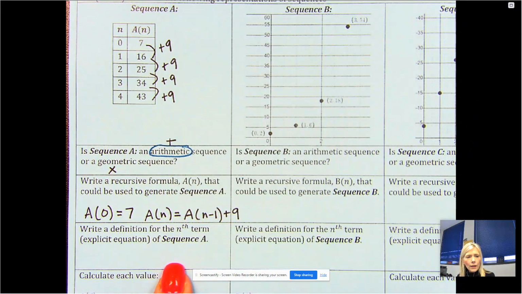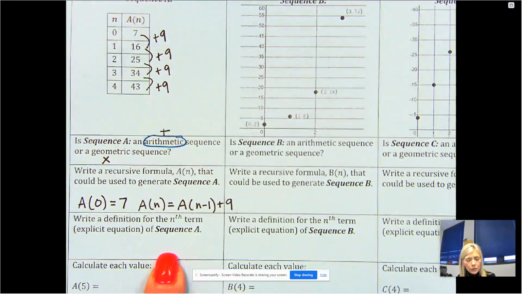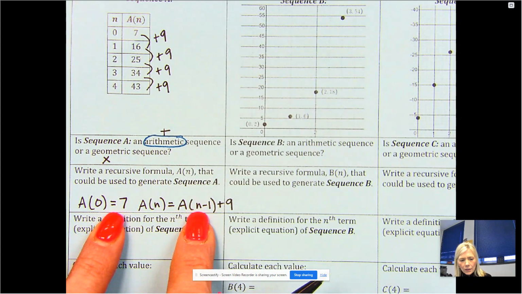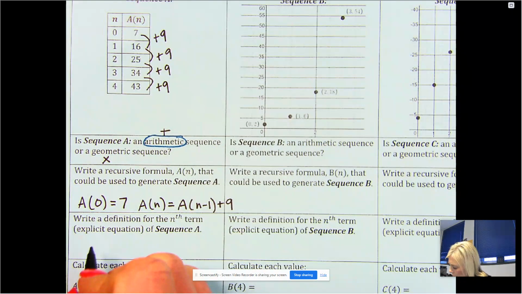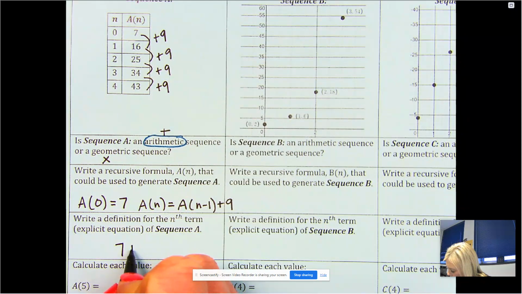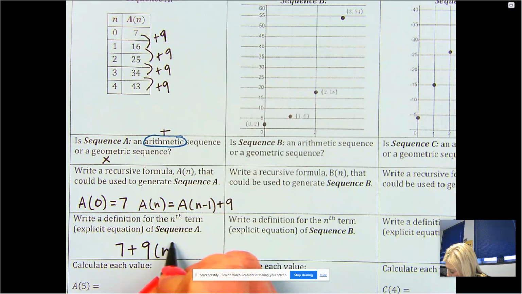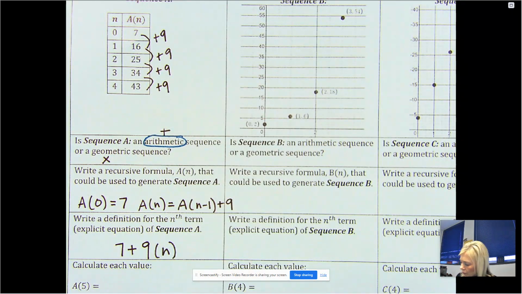And then write a definition for the nth term. The nth term puts these two things together. I know it starts at 7 and it adds 9 for every new n value.